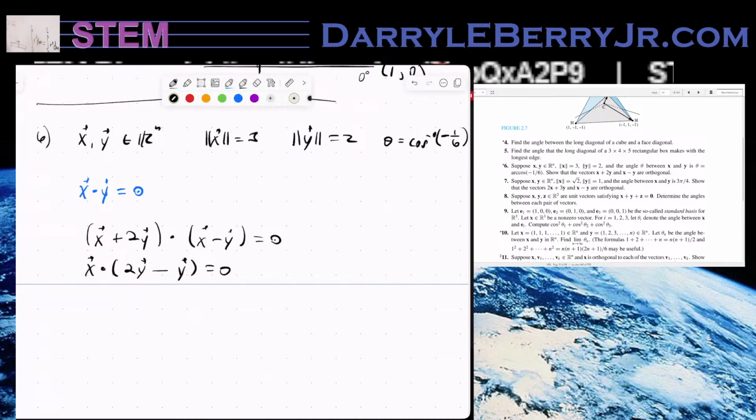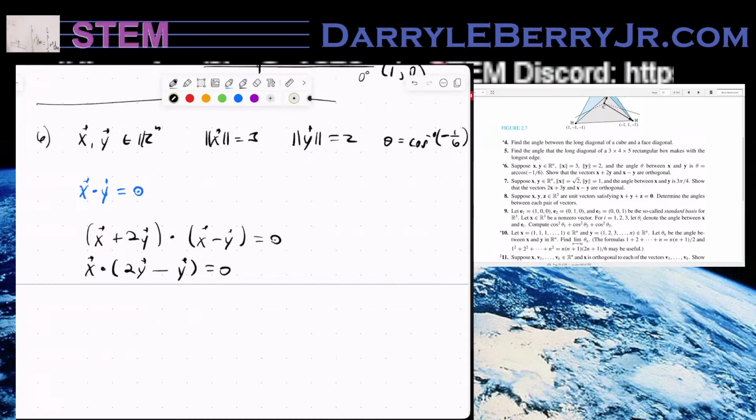Because the dot product is distributive. Or maybe I did that distribution wrong. Let me think about this for a second. Oh, no, this is not the place for that.